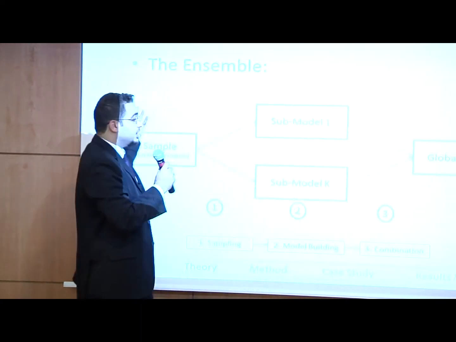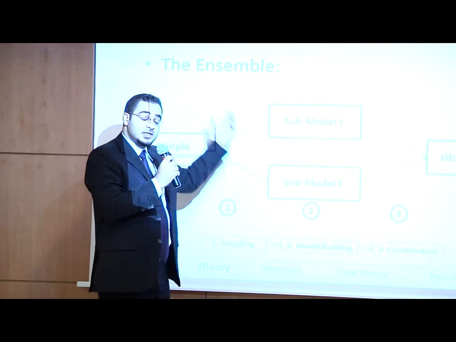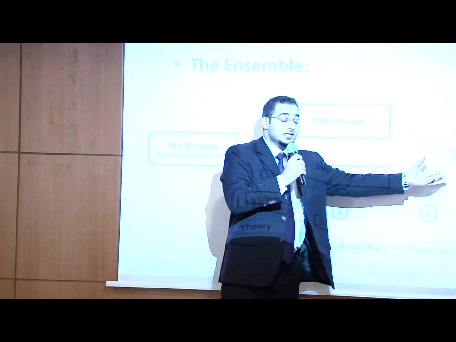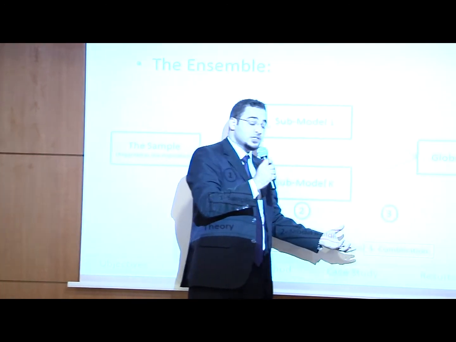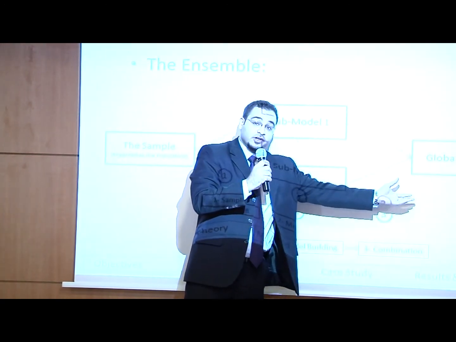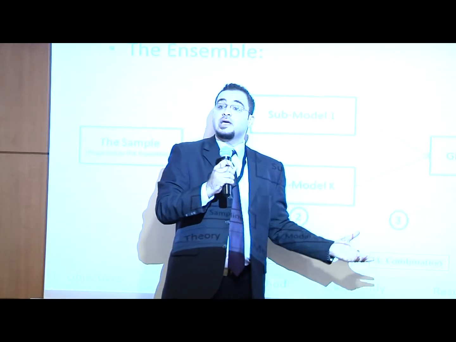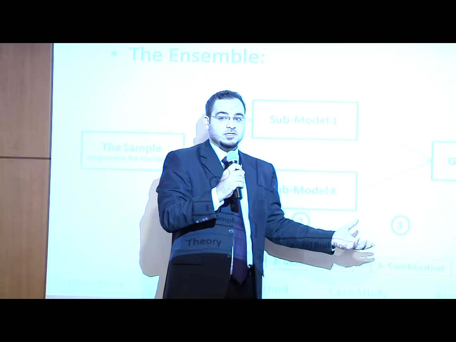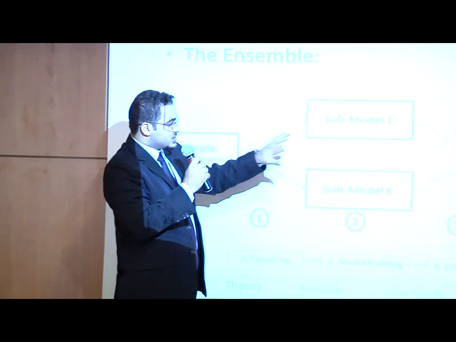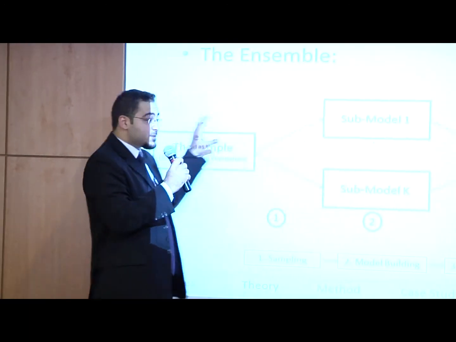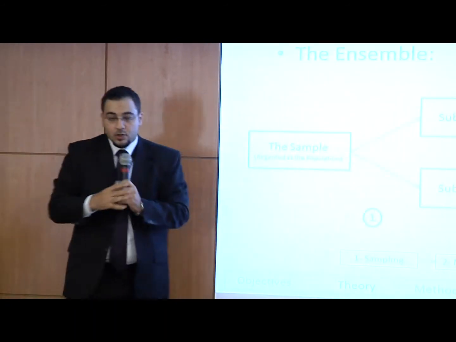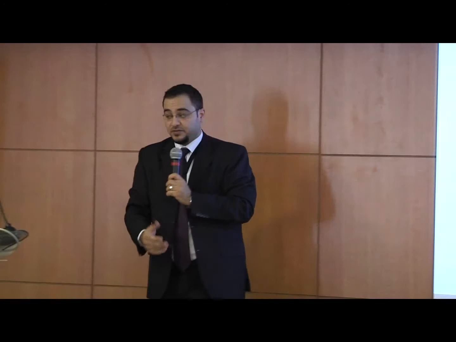So we basically use submodels or several hypotheses and combine them through a combination procedure to get a global model that has a very good estimation of our variables of interest. Those submodels are trained upon subsamples sampled from our global sample through a certain sampling technique.